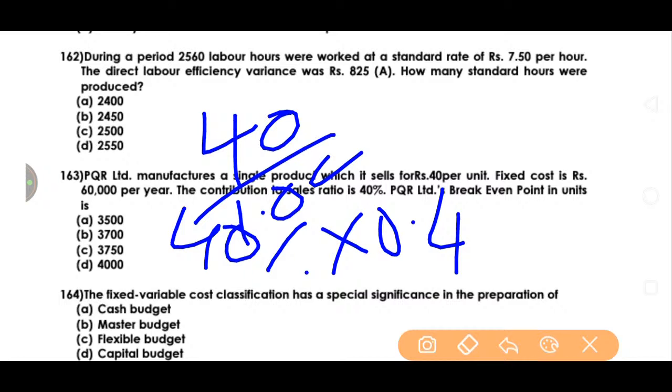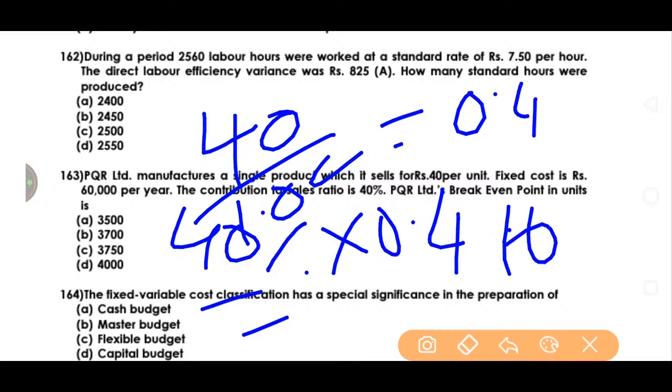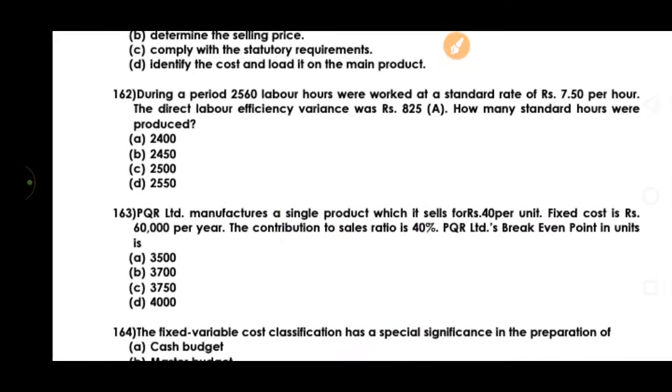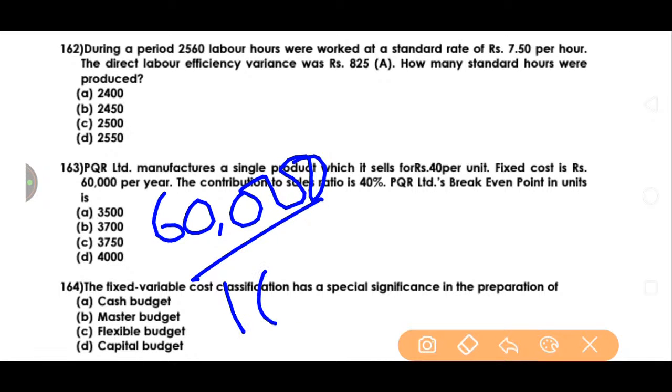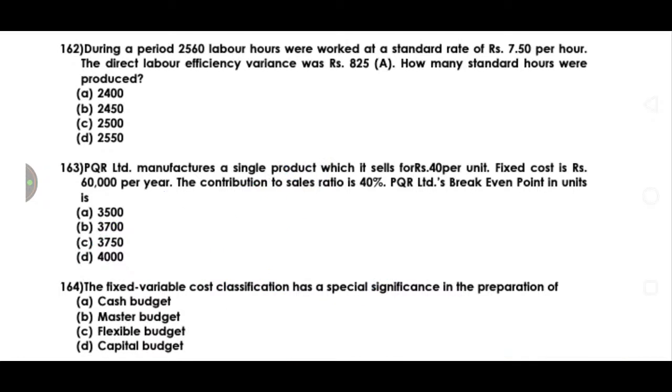So 100 divided by 4, that is 0.4, so we got 1.16. So 16 we got 60,000. So 60,000 you need to calculate yourself, that's why you understand easily. 60,000 by 16 is equal to 37,050. Okay. Contribution formulas. You need to improve your formulas.